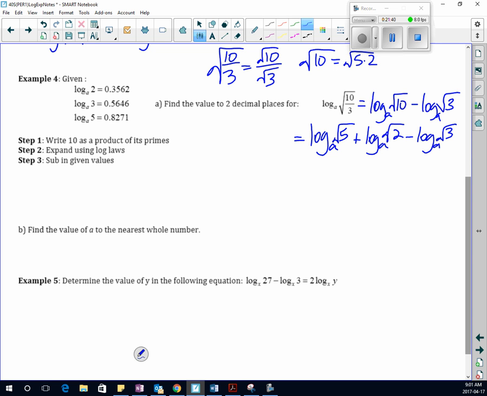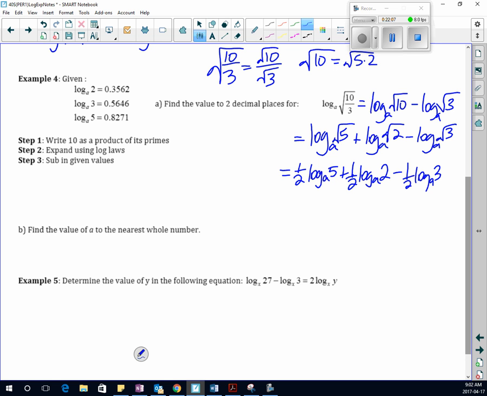The only thing I can with logarithms is move it to the front. So this is 1/2 log of 5 base a plus 1/2 log of 2 base a minus 1/2 log of 3 base a. Some of you could probably go to that step in the first step. Okay, we're not done yet.